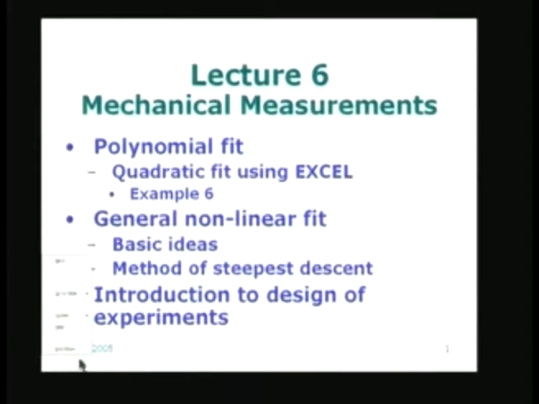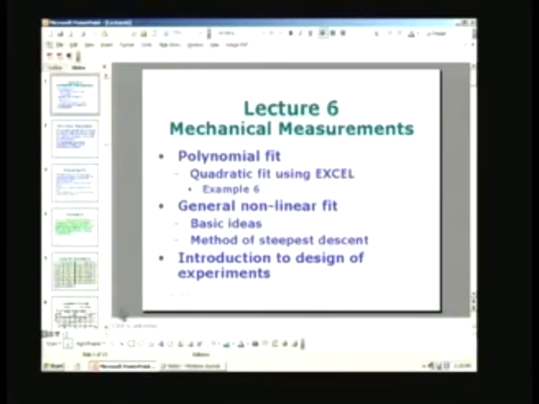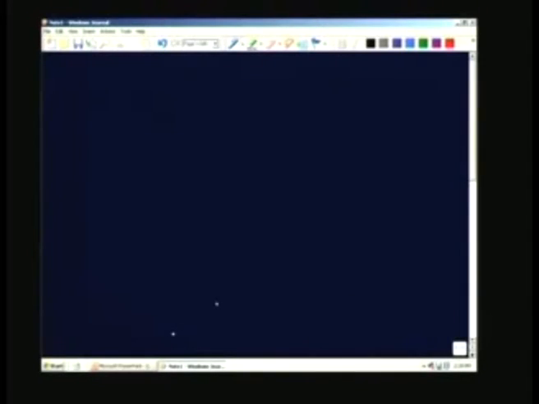Time permitting, I will give a brief introduction to experiment design, and of course it will be taken up in more detail in the subsequent lecture. So just to recapitulate what we have done, we were talking about a polynomial fit, which means that I have a nonlinear relationship between a variable y and the variable x.